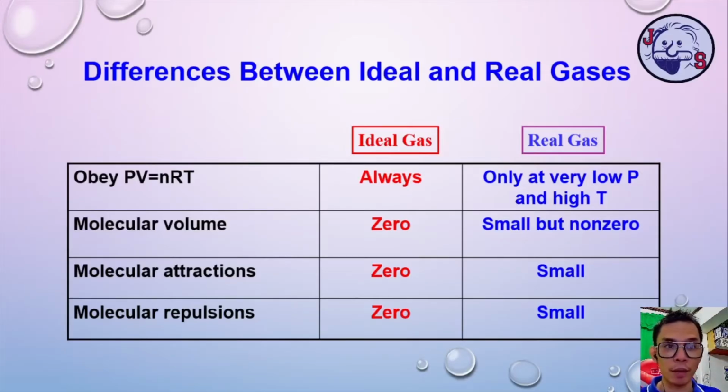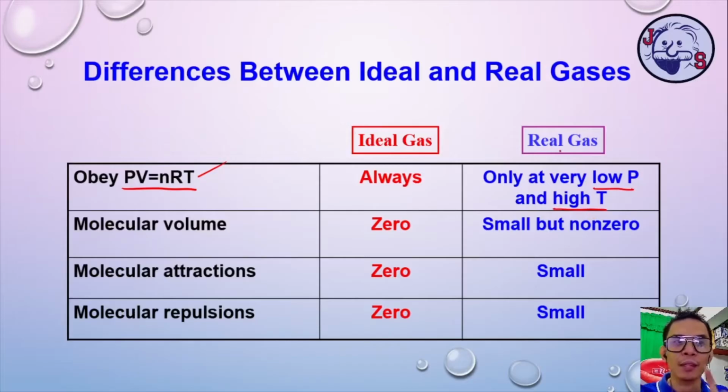That's the question. The ideal gas, of course, does. This formula right here is the ideal gas, so that is why it follows. But the real gas only follows this formula if the pressure is low and the temperature is high.